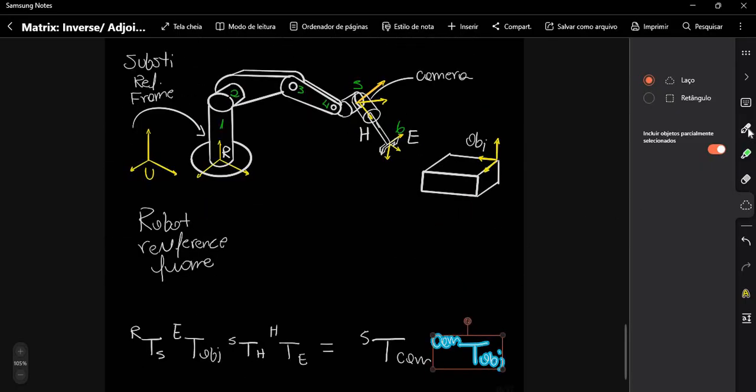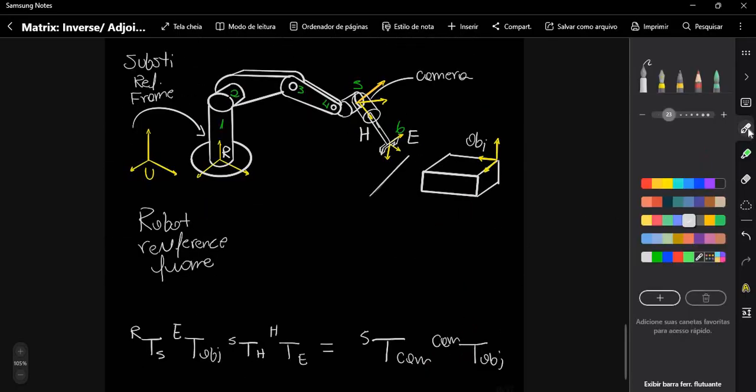As the object in observation is separated from the robot, we can write a transformation, but now different from the first example, the first exercise that we used to warm up at the beginning of this video. This universe reference we are substituting for this fixed frame, this fixed link of the robot.